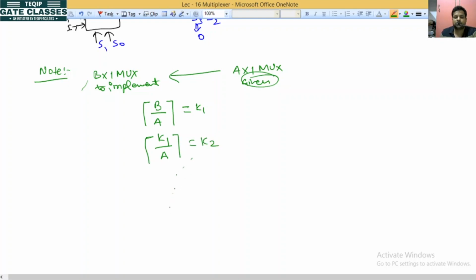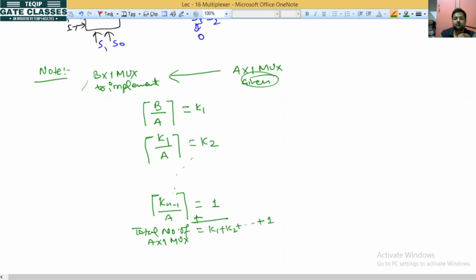Similarly you can continue until the last, where kn minus 1 divided by A gives 1. Then you have to add all these to get the total number of A cross 1 mux required, which is equal to k1 plus k2 plus up to 1. Okay na, this will be the formula.